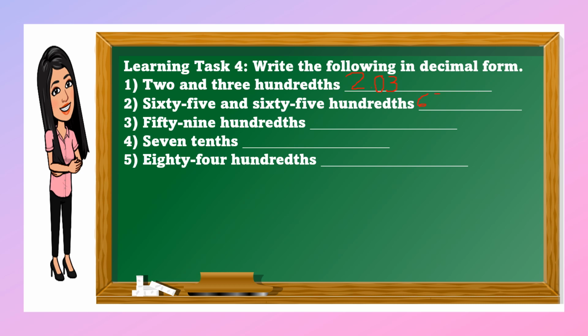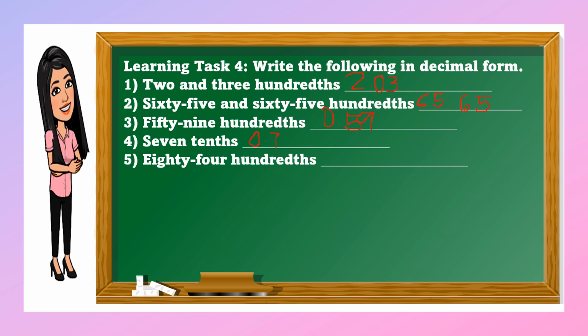So 65, we will write 65 hundredths. So pag sinabi nating hundredths, laging dalawang digit yon. 59 hundredths. So pwedeng walang 0 sa unahan, pwedeng meron. Then decimal point, 59 hundredths. 7 tenths, since tenths lang naman siya, so wala tayong 0 sa unahan ng 7.